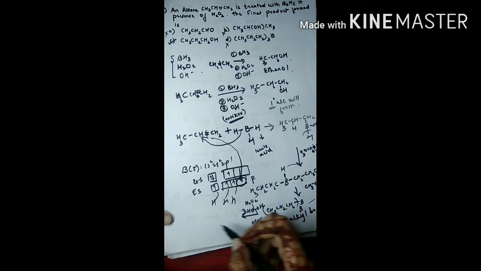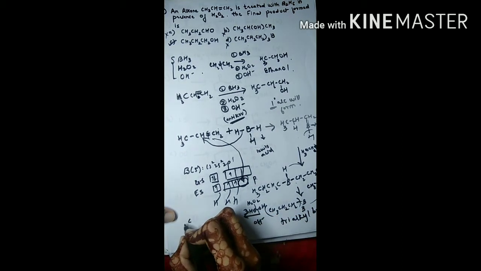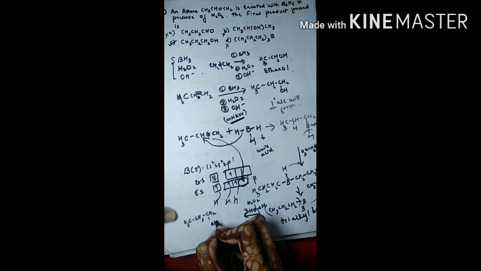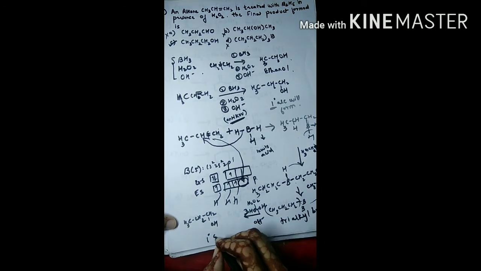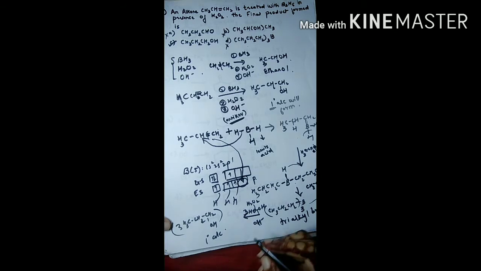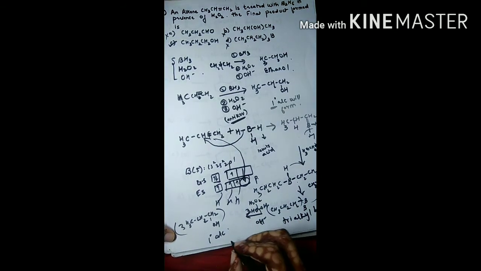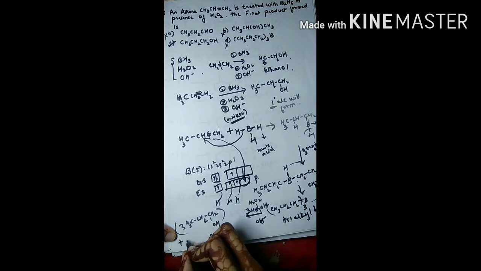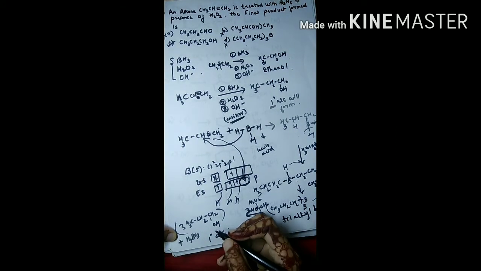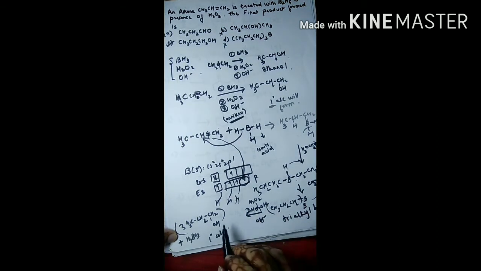So here 3 OH cleavage will occur and the 3 OH gets attached to the alkyl chain and it gives us primary alcohol, 3 molecules of course, and the byproduct we get is H3BO3, that is boric acid, or we can write B(OH)3 also.